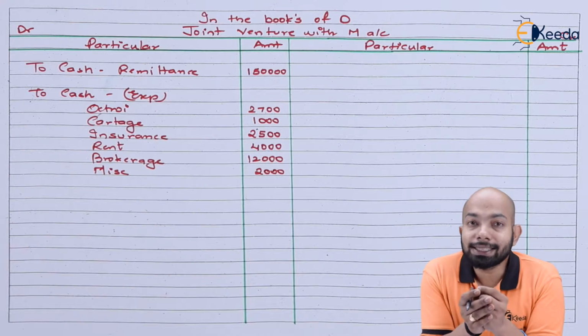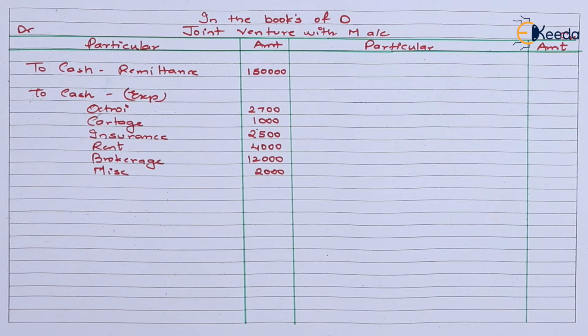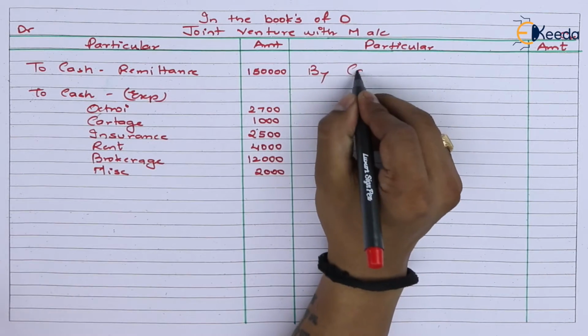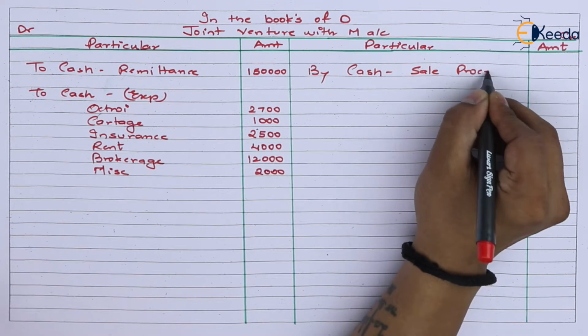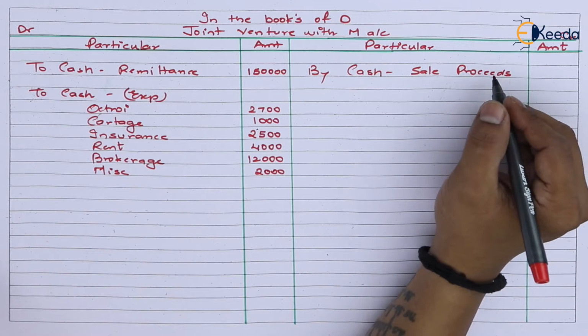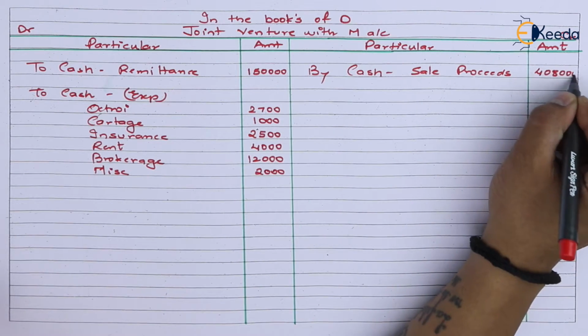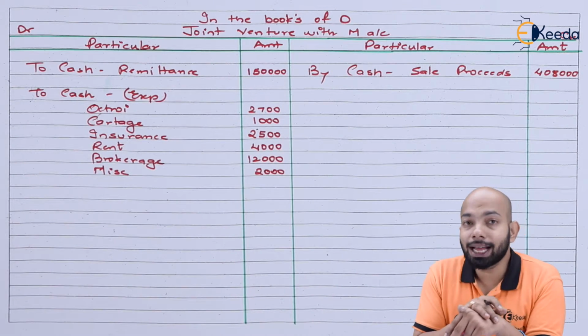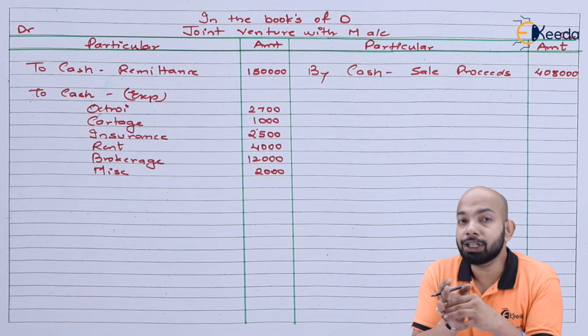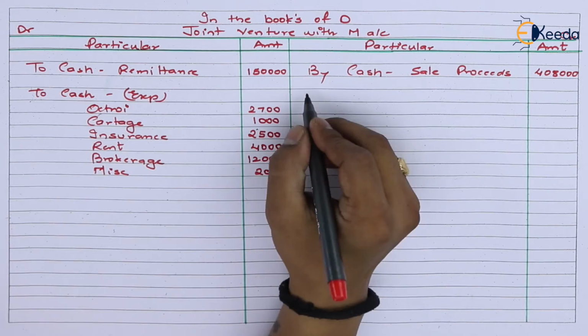Now the next is the sales amount and the goods taken over. So the cash sales proceeds have been mentioned here. Apart from that, we'll be mentioning the goods taken over as well.